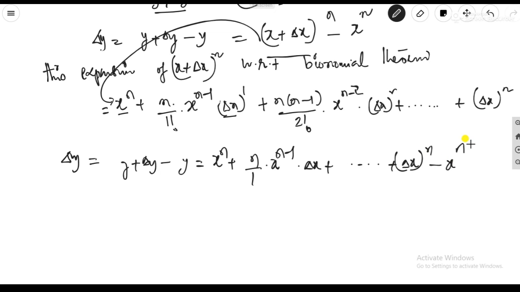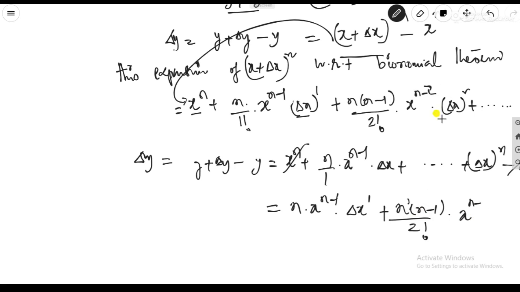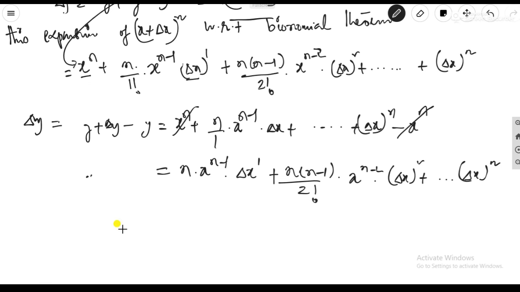This x power n will cancel out, so we are remaining with n into x power n minus 1 into delta x, plus the next term n into n minus 1 by 2 factorial into x power n minus 2 into delta x squared. So here we have expanded this term, cancelling this one.